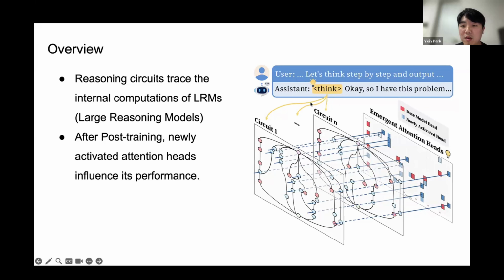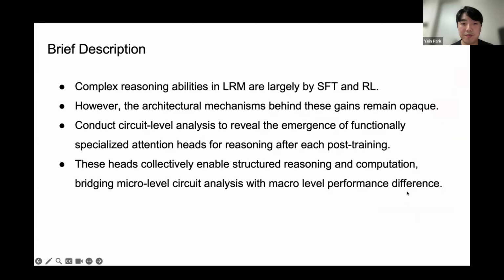I trace the thinking process through the think token and construct circuits, which are a cyclic graph of the transformer's internal mechanism, and then I find out which attention heads are especially emergent in those post-trained models.